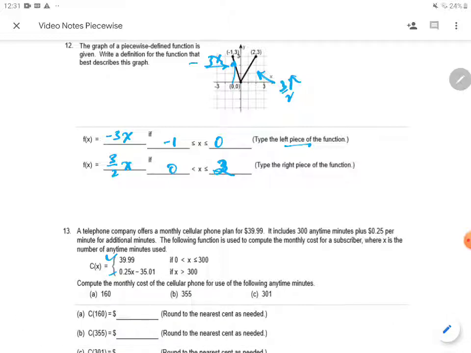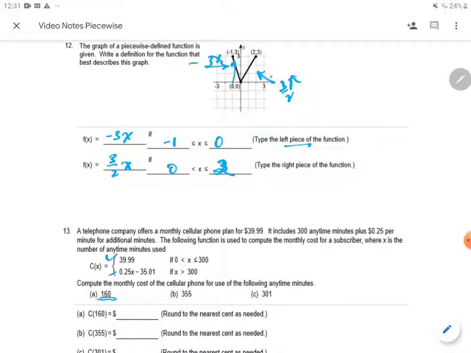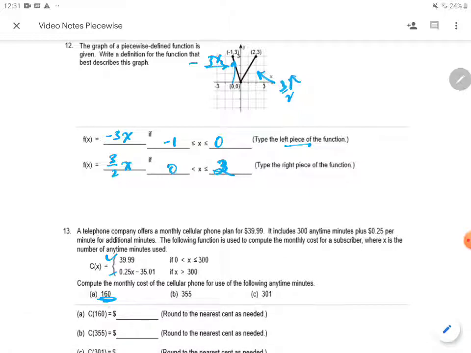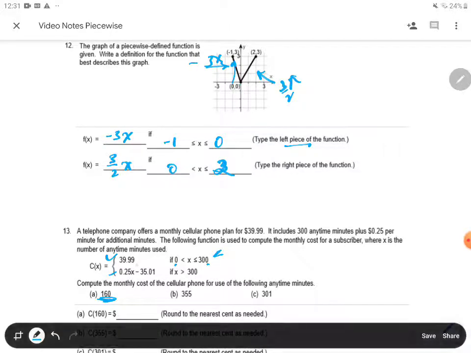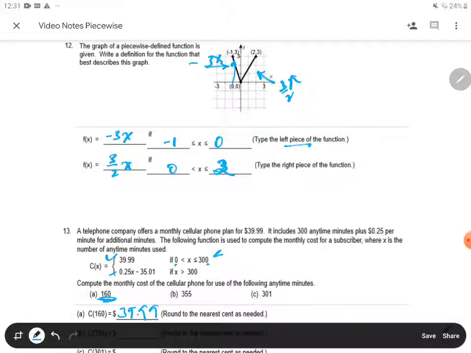So all you have to do is look at the value here, compute the monthly cost if these are the minutes that are used. So for 160 minutes, 160 lies in this function between 0 and 300. So you would pick the $39.99. And so for 355 and so on. So I don't want to do everything, but I'm just giving you an idea. If anything above 300, you would pick the second function and substitute it.